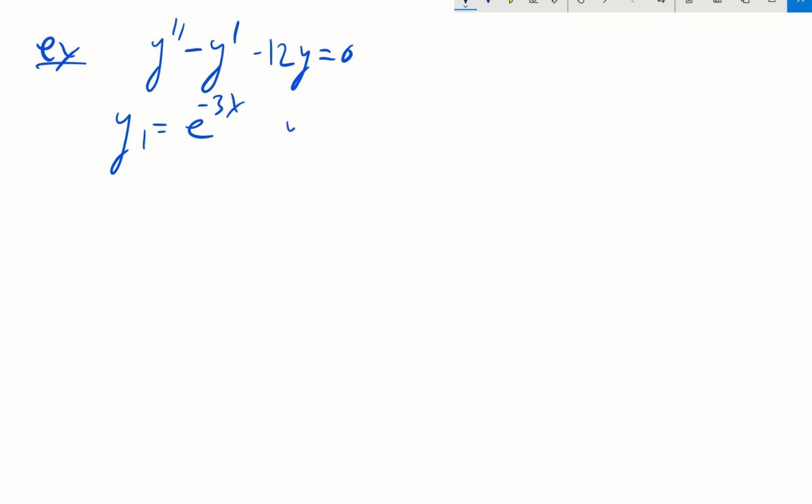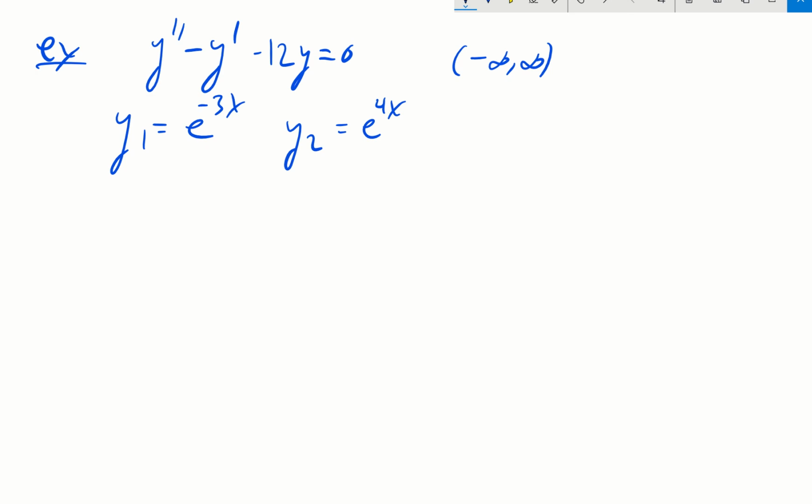So let's take a look at, for example, this one here. If I have the homogeneous linear differential equation y double prime minus y prime minus 12y equals 0, we will take it with a grain of salt that y1 equals e to the negative 3x, and that y2, which is equal to e to the 4x, are solutions to this ODE on negative infinity to positive infinity.